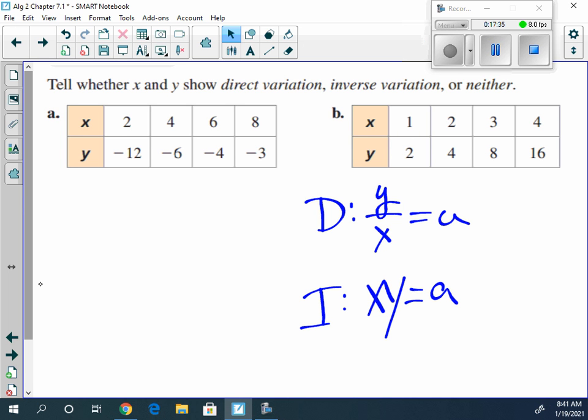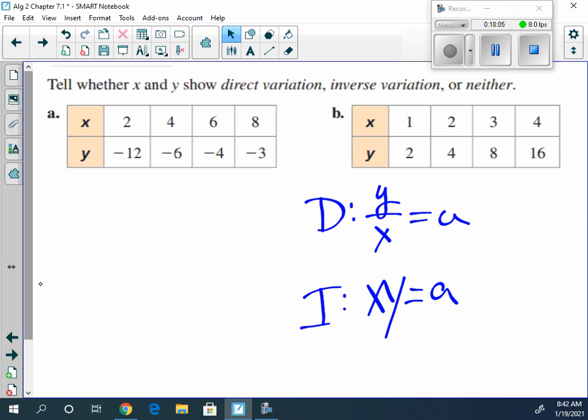And what this is saying is that for direct variation, when I take the value of y and divide it by x, I get a constant, yes? Because a is a constant term. And for inverse, if I multiply x and y, it equals a, which again is a constant, yes? So if I had a direct variation set up and I took y and divided by x for the whole set of numbers, what should the a be?